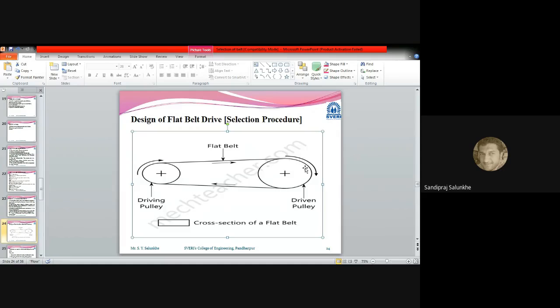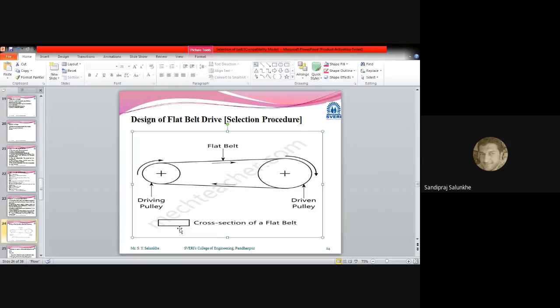Then it transmits power to the other pulley, where again the belt is wound on the pulley, and at that place also the slip is not going to take place, and by means of that we transmit the power. If slip takes place, then definitely we are not able to transmit any power. It will be wasted in the slip only. Are you getting me? So we are assuming that slipless action is taking place between the pulley and the belt.